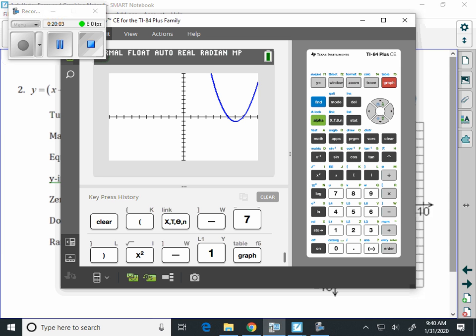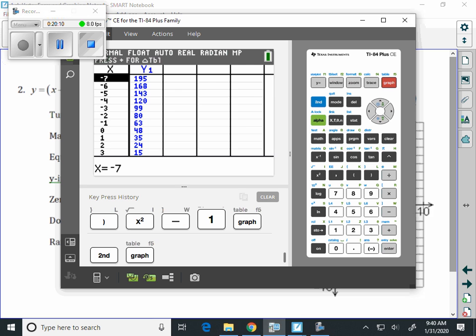And now that we know that, it gives us at least a little bit of an idea of what it looks like, and then we can go to the table, second and table, and find some values there. I need to scroll through a little bit to find some that'll fit on the graph. And I think that'll work here.